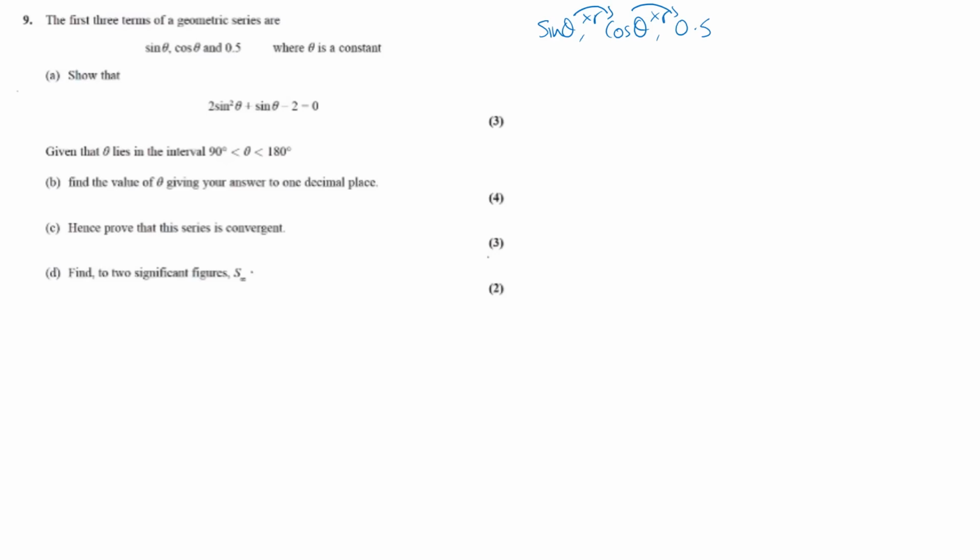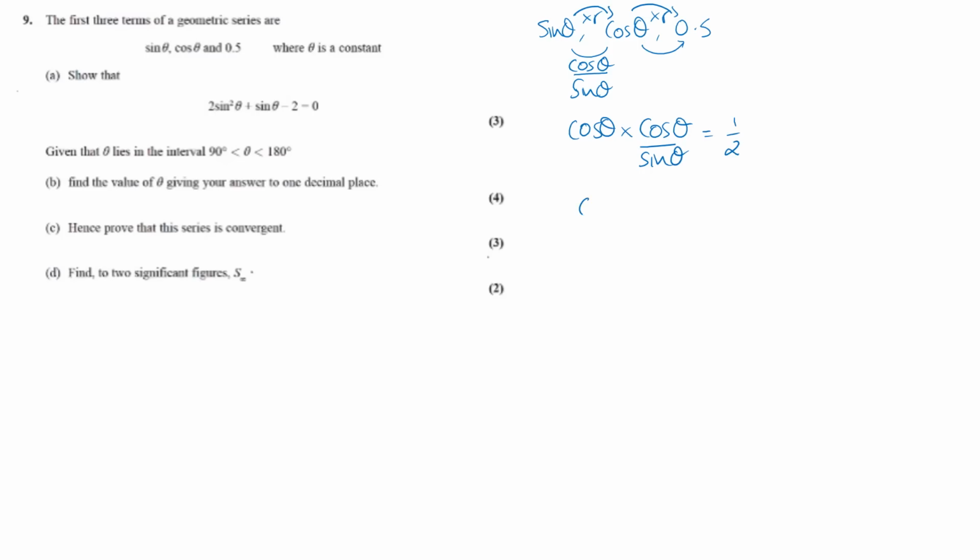So how do we get from sine theta to cos theta? We are going to need to divide by sine theta and times by cos theta. So if we do the same from cos theta to a half, we'll get that cos theta times the common ratio, cos theta over sine theta, is equal to a half.